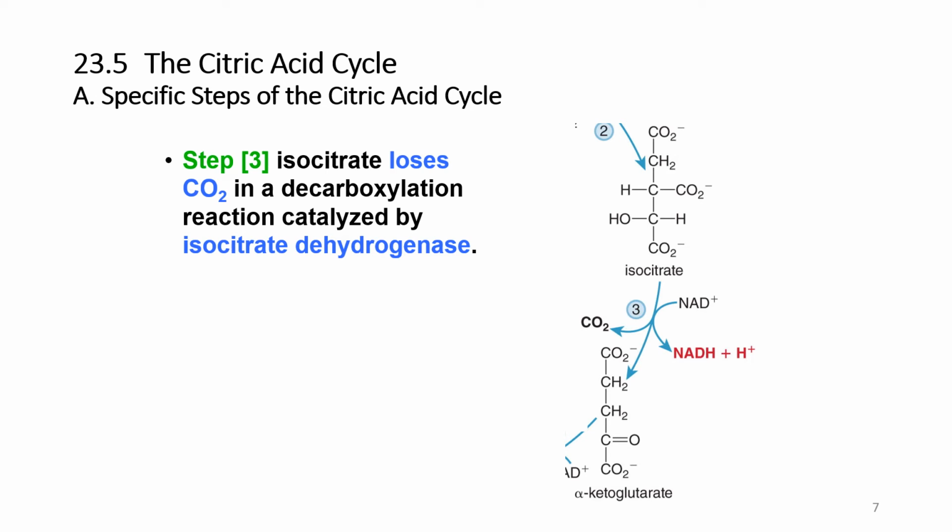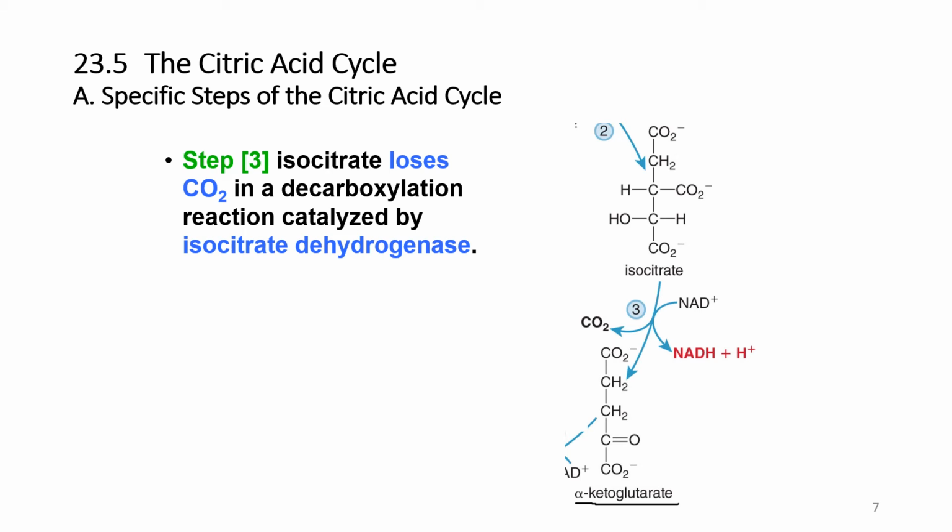The first decarboxylation occurs in step 3, and this is the process of converting isocitrate to alpha ketoglutarate, which has 1 less carbon than isocitrate.